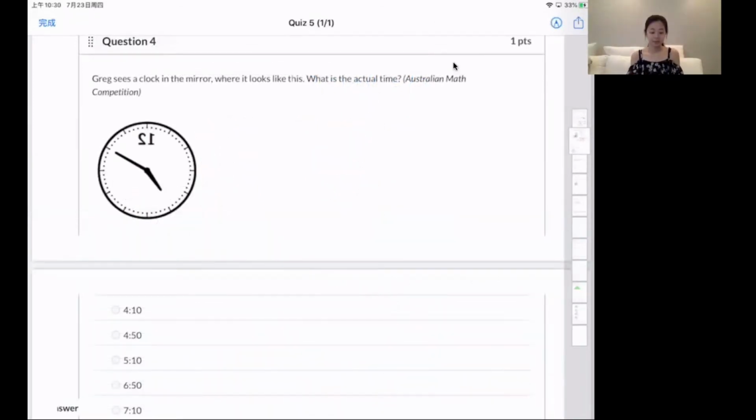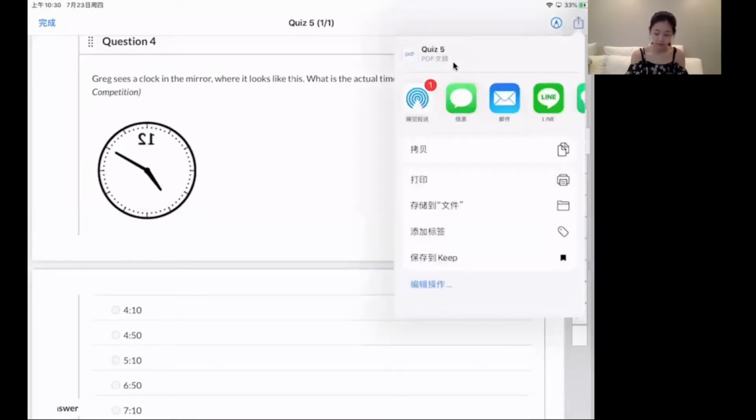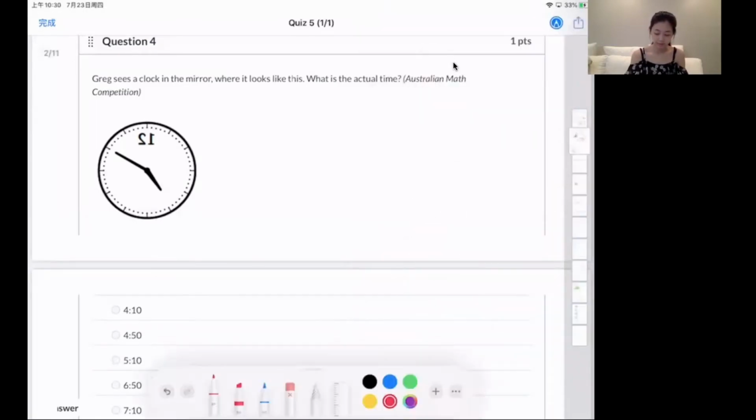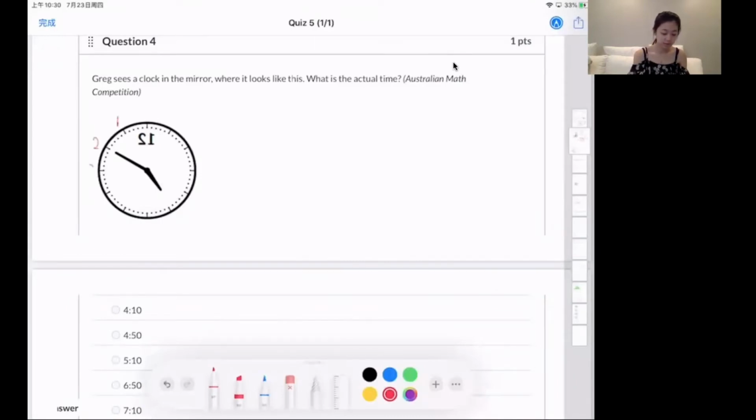Question 4. Since we see the clock in the mirror, it's the opposite way. What we can do is write out all the numbers first. So here's 12, then where's number 1? 1, 2, 3, 4.